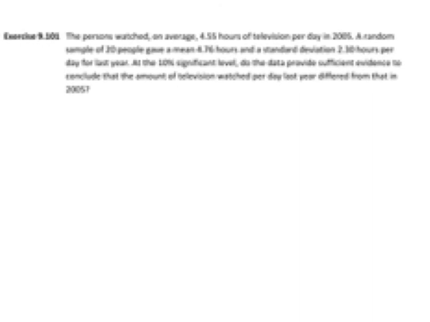Let me try it. Step number 1, the null statement is mu is equal to, and the alternative statement is mu not equal to. We have 20 people as the sample size, and that is the sample mean and the standard deviation from the sample.